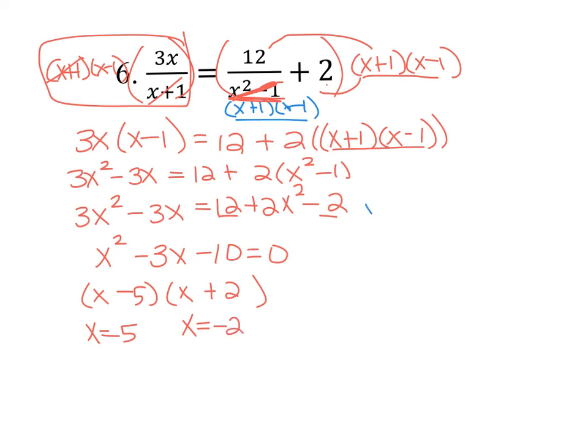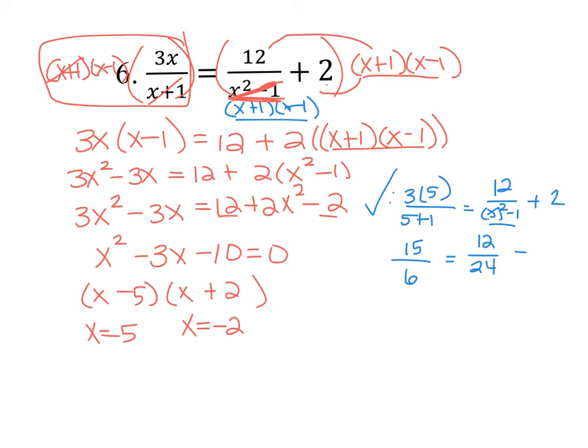Whew, okay, so now I've got to check these solutions. I'll check 5 first. 3 times 5 over 5 plus 1 has to equal 12 over 5 squared minus 1, plus 2. 3 times 5 is 15 over 6 equals 12 over 5 squared, which is 25, minus 1 is 24, plus 2.